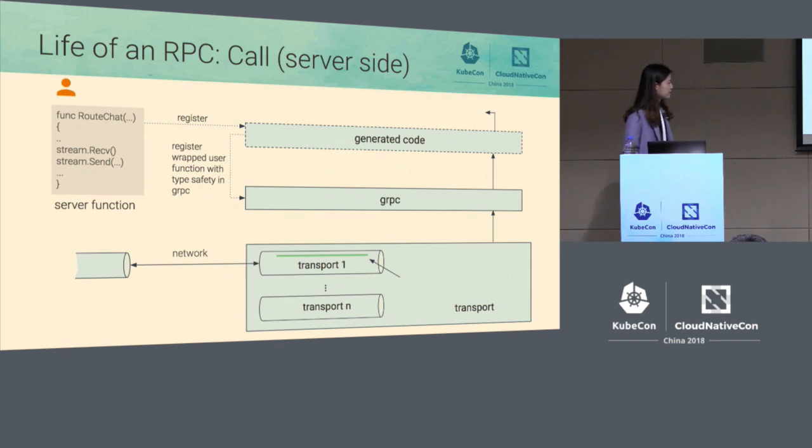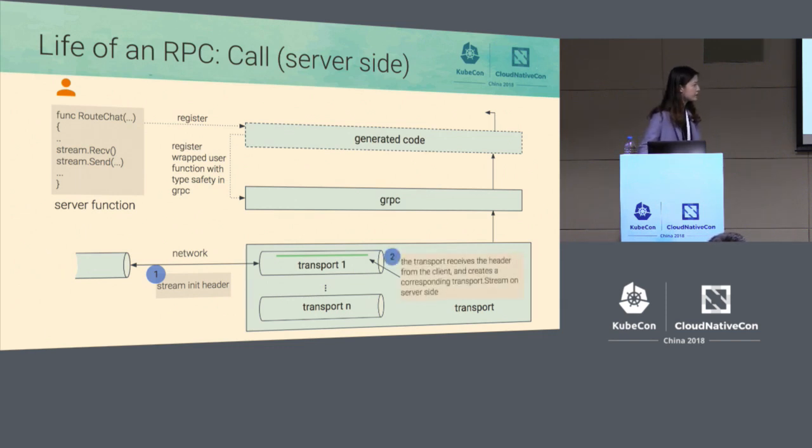So that's some setup here, and so on the client side, the transport sends the header to the server side to initiate a stream. So the transport on the server side receives the header, and it creates a corresponding transport stream on the server side, and it will then pass the transport stream to gRPC.